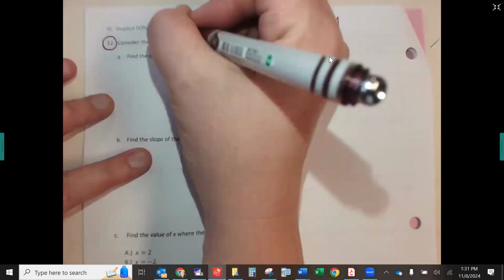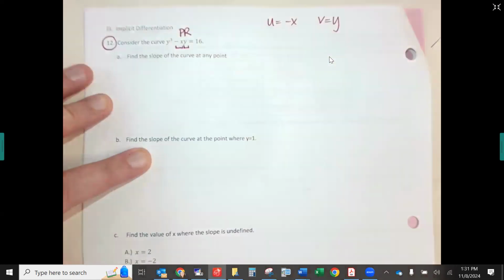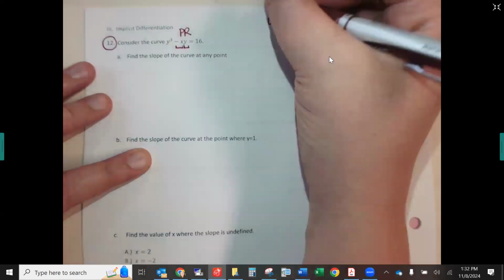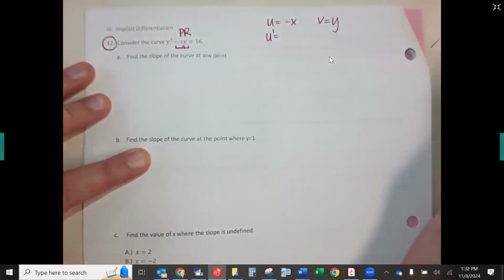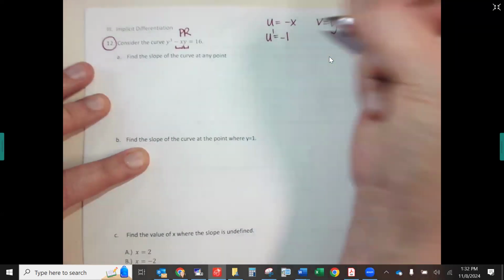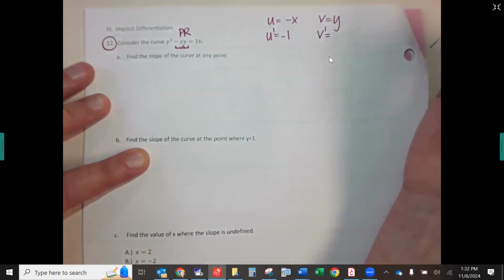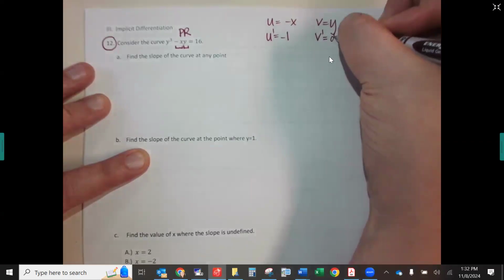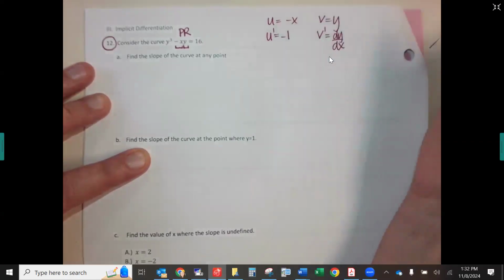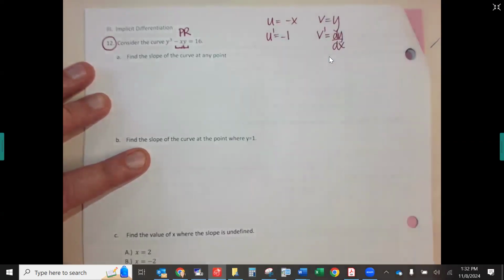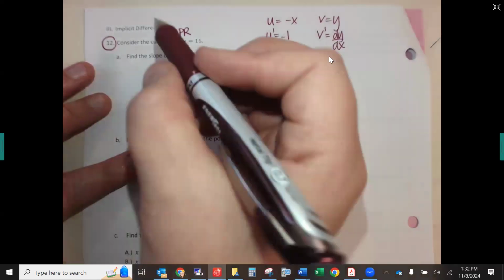So knowing that this term needs product rule, what will u prime be? Negative x derivative is negative 1. And v prime will be the derivative of y, which is dy dx. Okay, from here, you're going to take the derivative of the original equation. Remember, we're doing it on both sides.